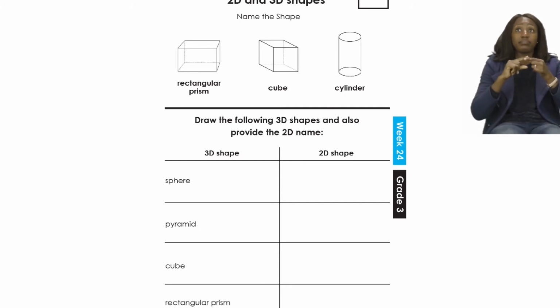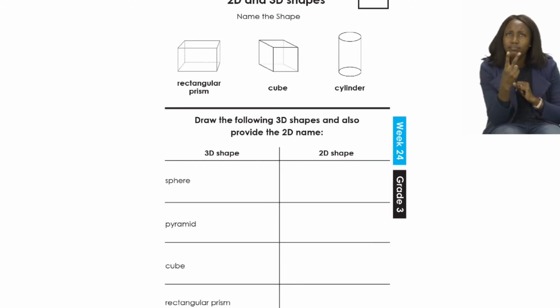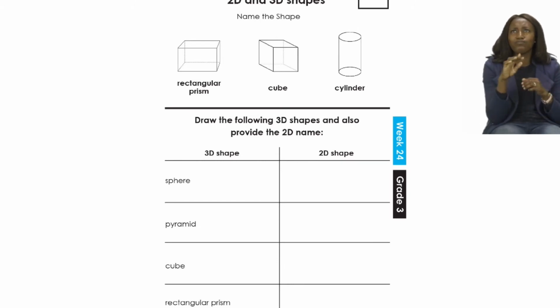So today we are going to talk about and look at 2D shapes and 3D shapes. Okay, now what are 2D shapes and what are 3D shapes? Now before we get to that, I first want us to look at the examples given on page 27.